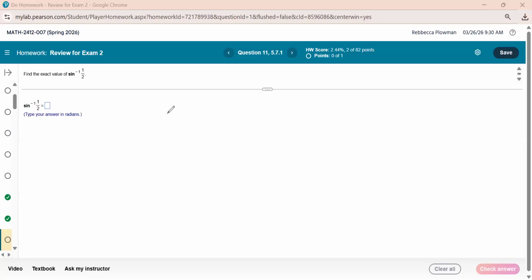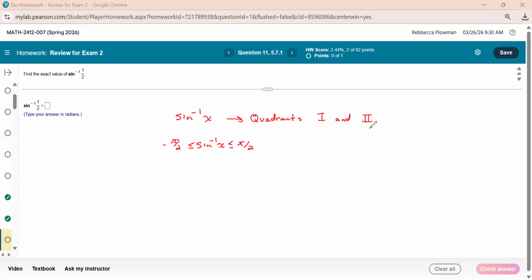When we're looking for inverse sine of x, we are going to look in quadrants 1 and 2. And what we were saying before is that what we're looking for is actually bound between negative pi over 2 and pi over 2. So we're looking for answers that are going to be within this range.